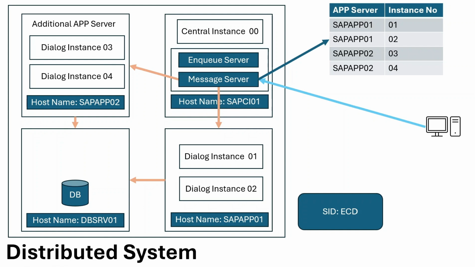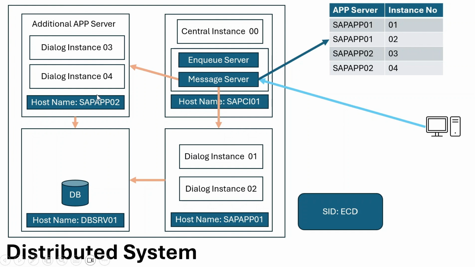This information, it basically maintains in a table. The message server will have a table where it will write that I have application server 01 where I have dialog instance 01. In the same application server, I have dialog instance 02. I have another application server, SAP App 02, where I have dialog instance 3.